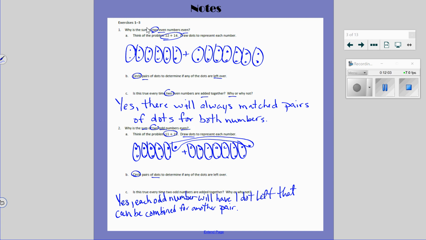So again, regardless of how big the number is, doesn't matter. The fact that it's odd means there's always going to be that 1 extra dot at the end. With each of those numbers having an extra dot, I can now combine those for a pair.